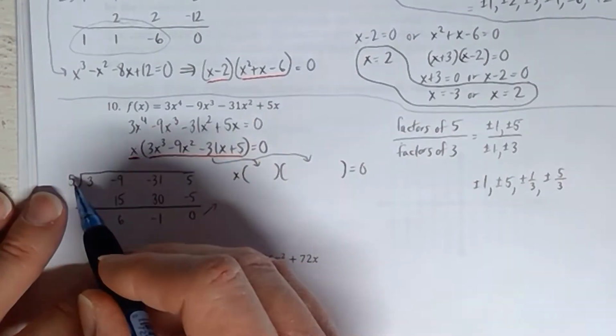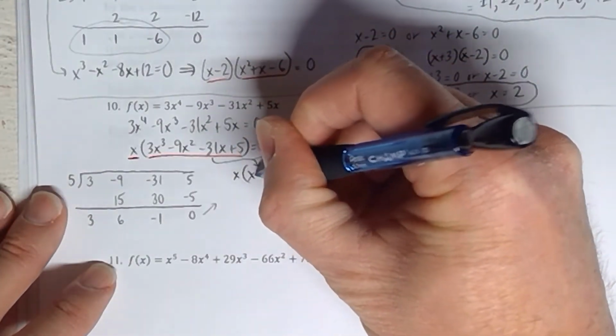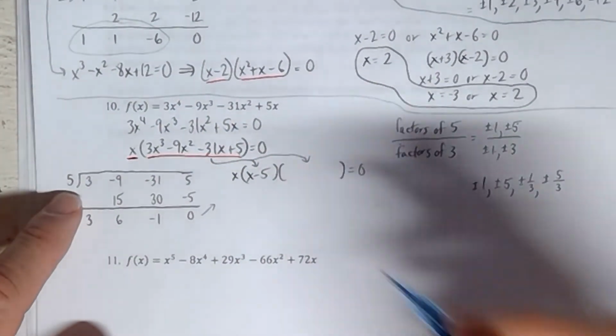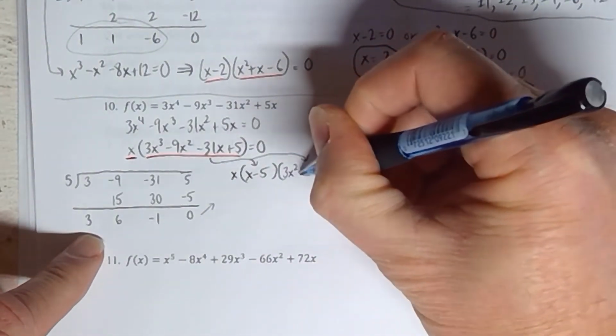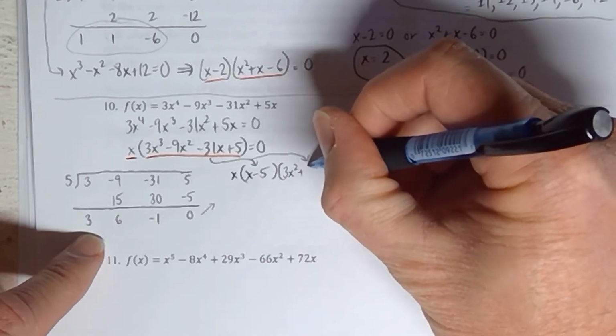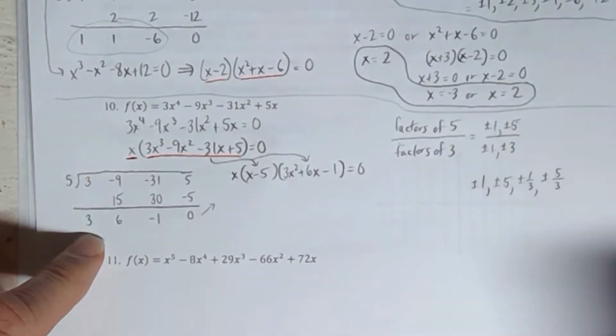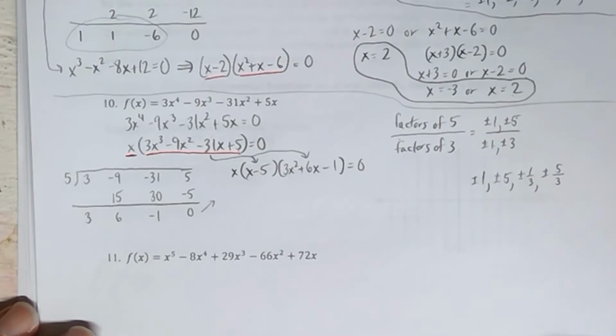The smaller bracket is x minus 5, changing the sign of the 5 there, and then this is 3x squared plus 6x minus 1.